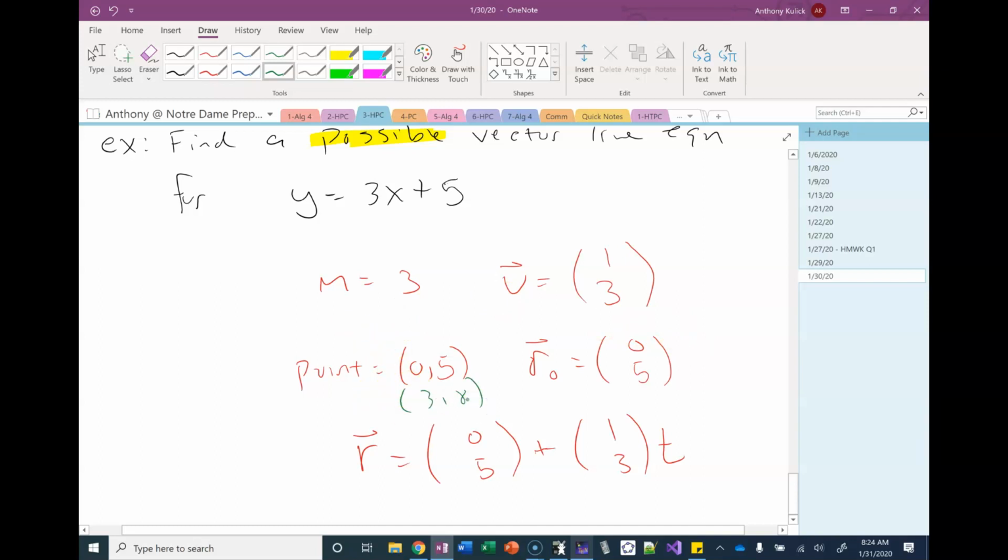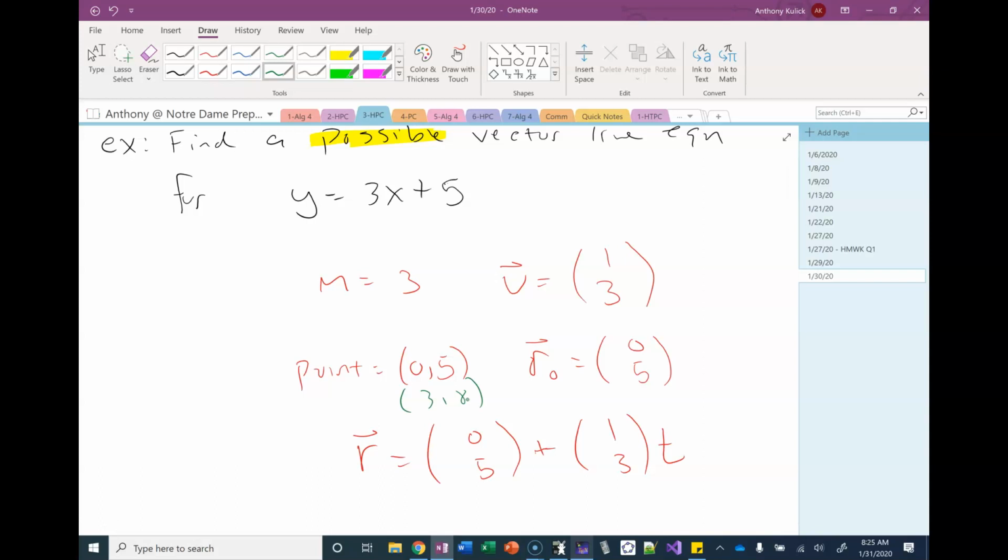Then we'd get a different vector line equation. Does it matter which point we pick? Is that the only thing that can change? No. What else could change? No, the t is a parameter. That's just a variable. That's not going to be different in the equation. They're all going to have just a t in them.